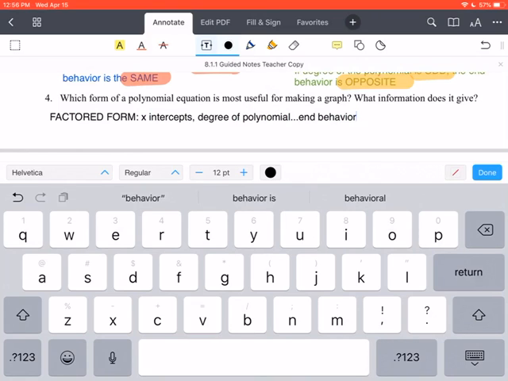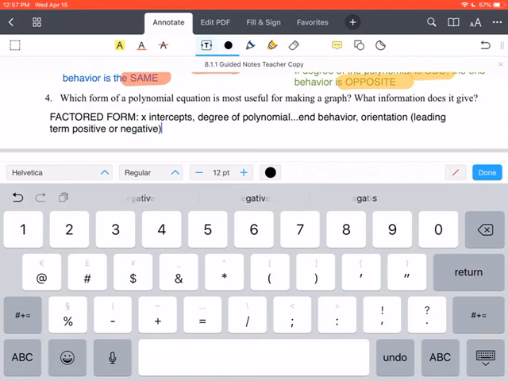And then finally, we haven't completely seen how we're going to do this, but when it's in factored form and we know the degree of the polynomial, we can also look at the orientation. So orientation, okay, is basically related to, is the leading term positive or negative?